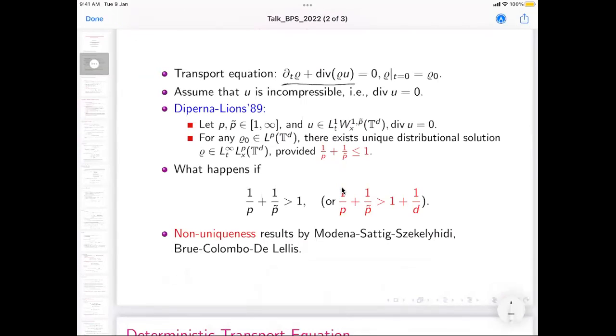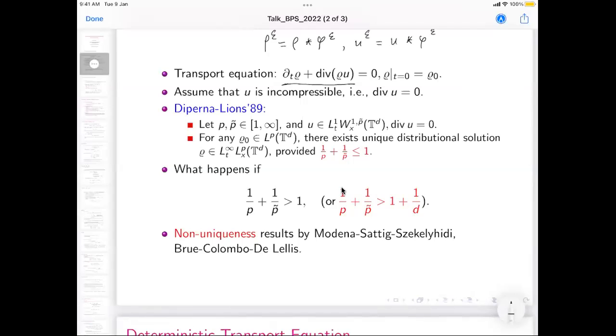So the traditional way to prove existence is to regularize the equation. To be more specific, let's say you have a kernel phi, and I denote rho epsilon by the convolution of rho with phi. And let's say you have also u epsilon, which is the same.